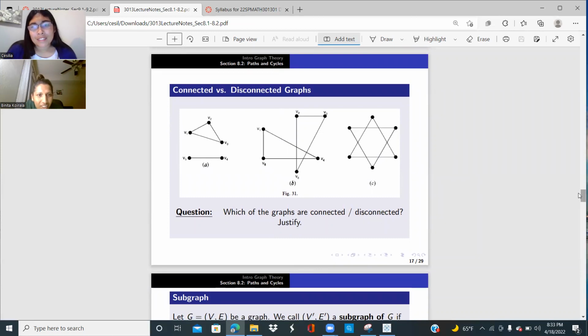Here is connected versus disconnected graphs. So the first one is connected, right? Yeah, the first one's connected. And A is connected. Both are connected, right? Yeah. And in figure B, this looks disconnected.